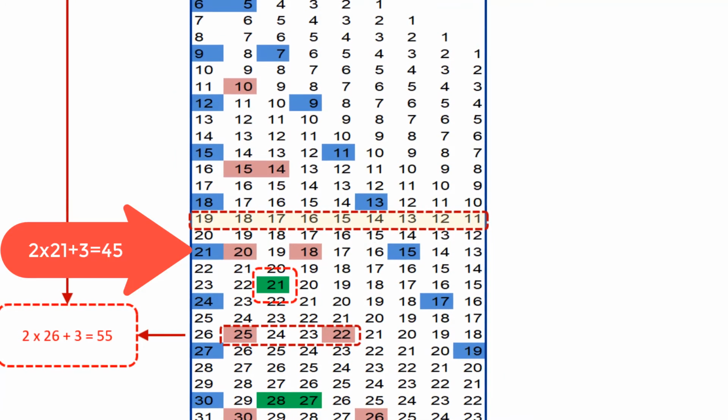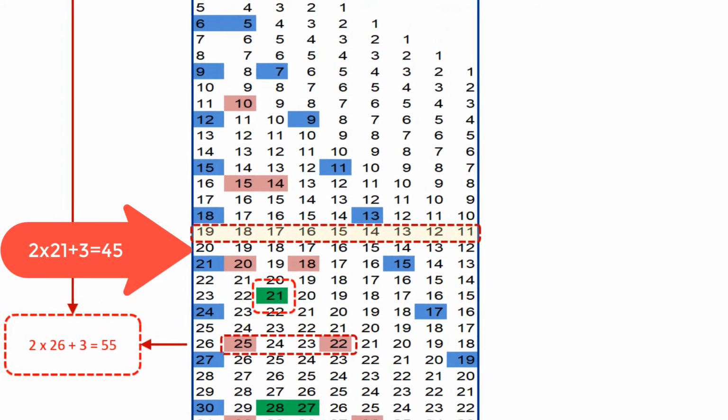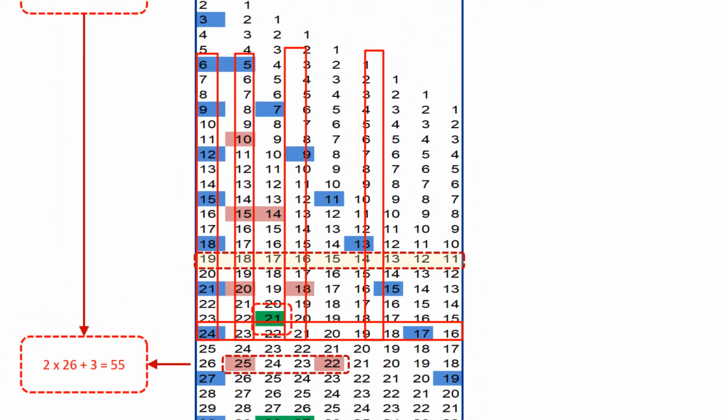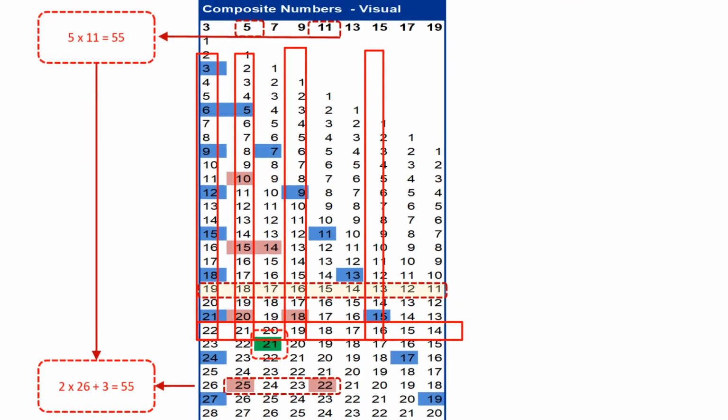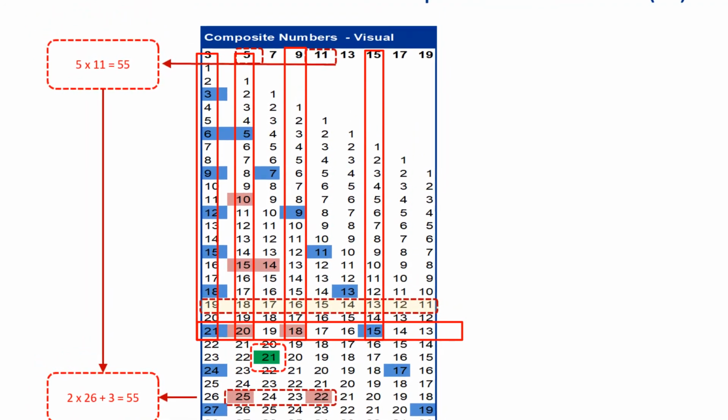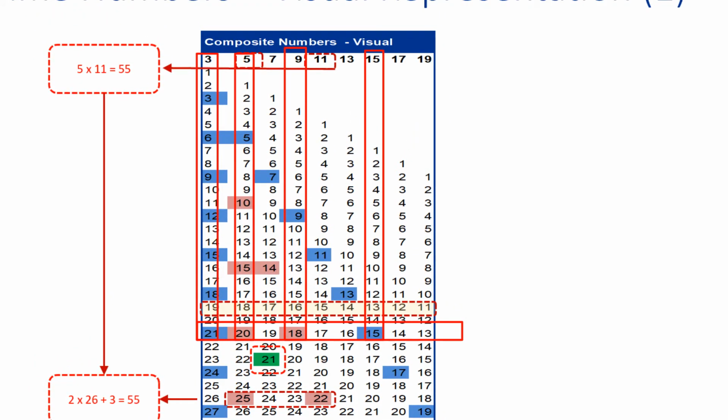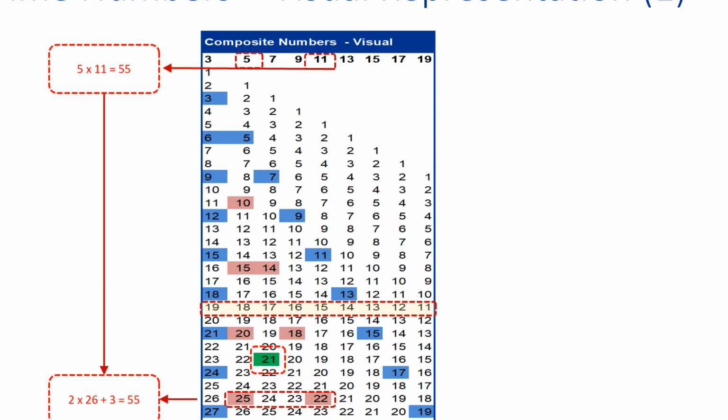And 45 is divisible by 3, by 5, by 9, and by 15. So you can see that all those divisors show up in this matrix very easily. And you can get to that number 45 in multiple ways. We looked at 5 times 11, which was 55.